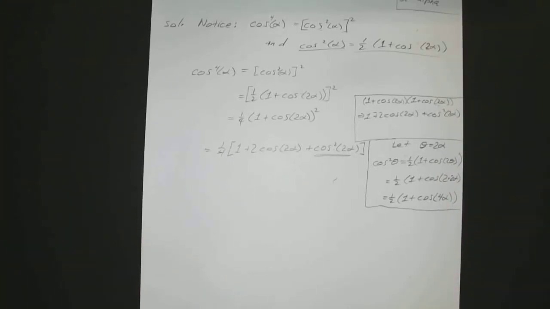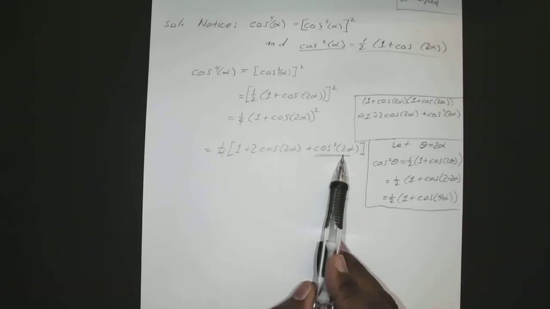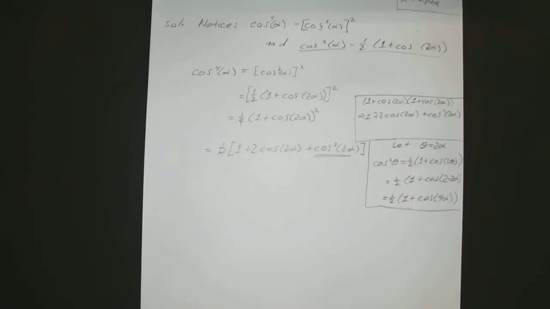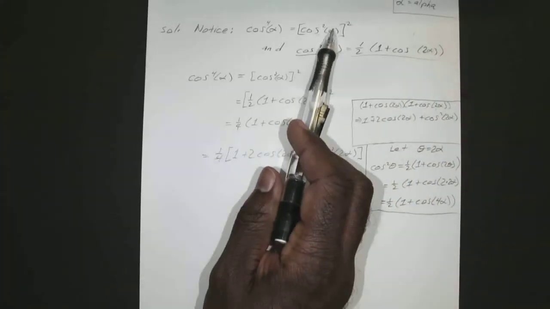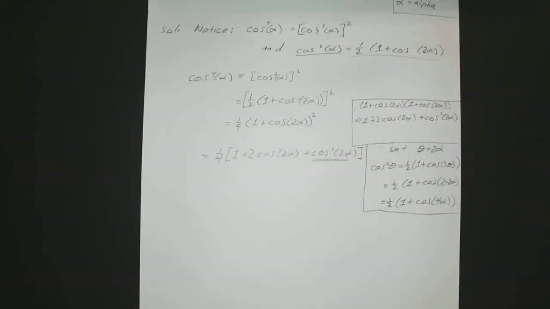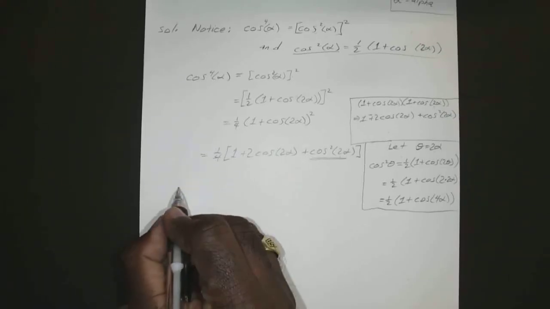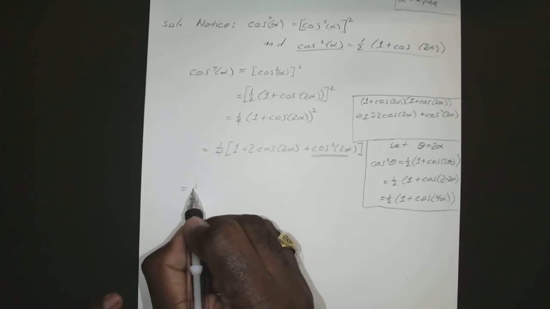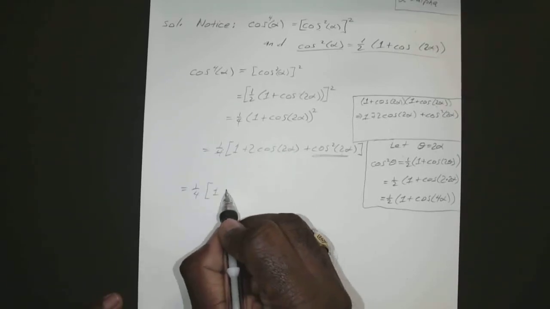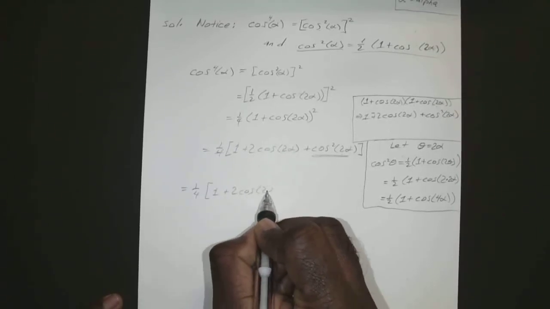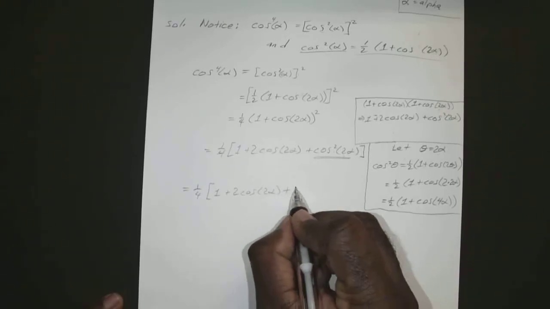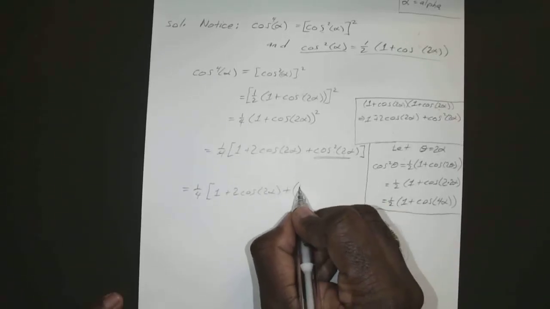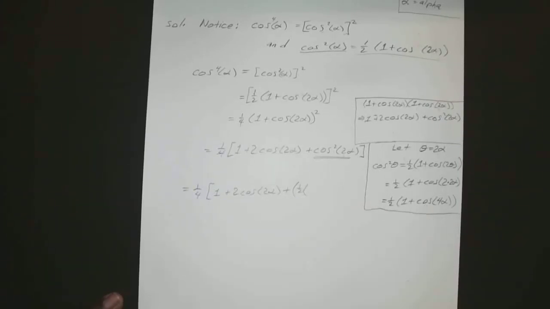Okay. So whenever you apply it more than once, that multiplies by 2. When we applied it the first time, that alpha became 2 alpha. When we applied it a second time, that 2 alpha became 4 alpha. So if we applied it a third time, it would be from 4 alpha to 8 alpha. So it kind of multiplies by 2 each time. Okay, so you have 1/4 times 1 plus 2 cosine of 2 alpha plus our 1/2 again times 1 plus cosine of 4 alpha.